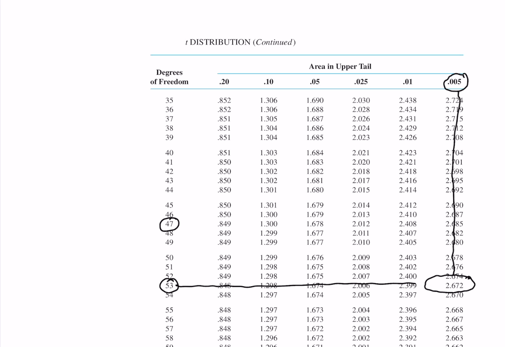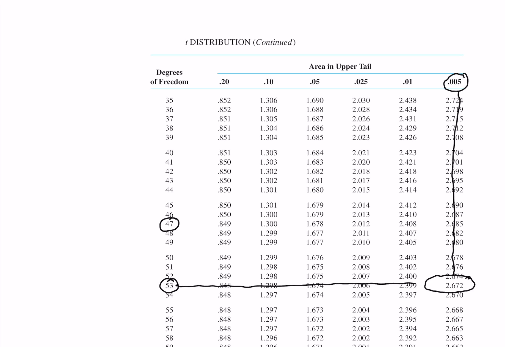And our t-value is 1.46. So 1.46 is going to fall between 1.3 and 1.678. So you see, we don't have the exact area here.